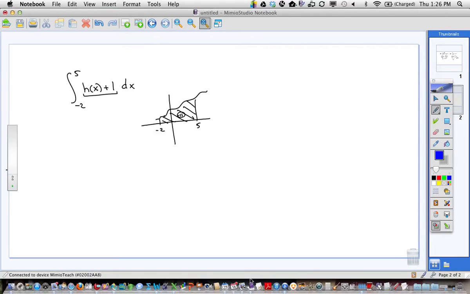It should be below. But it just makes this easier to show if I show it this way. Okay, well, if I take this H graph and I shift it up 1, now I've got that graph. Now, I've obviously added some area to it, right? How much area have I added? Well, by shifting it up 1, oops.